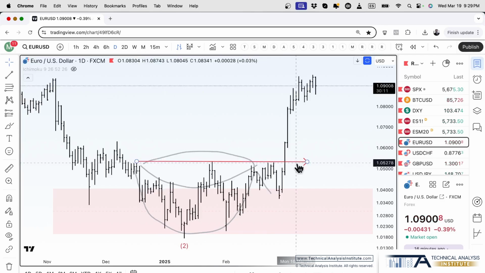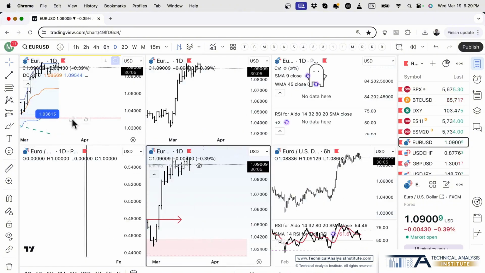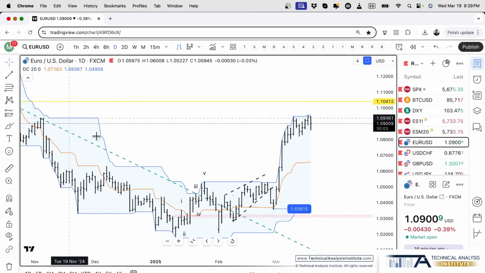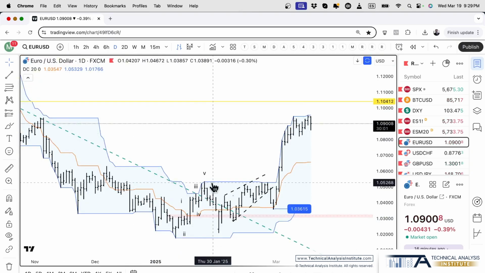That's at 105.35, more or less, right? And basically, if we go to the Donchian channel, we will see that that horizontal line corresponds precisely to that level.